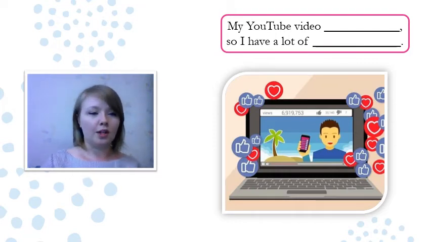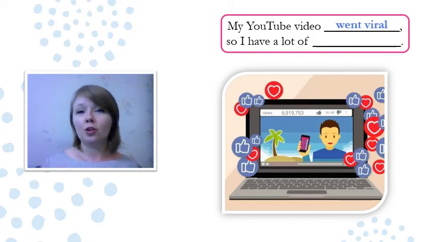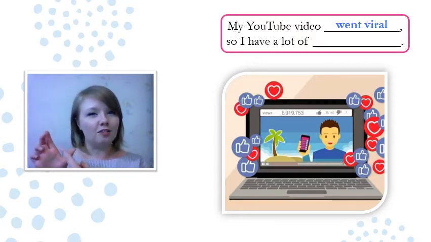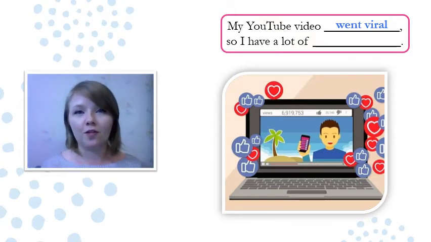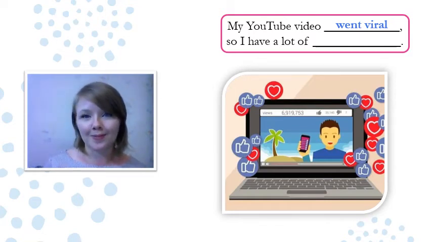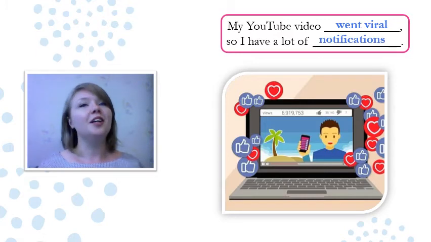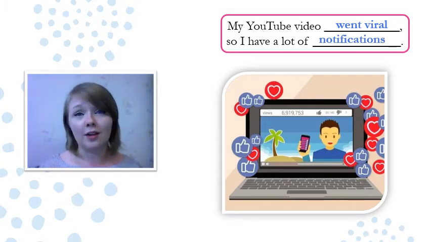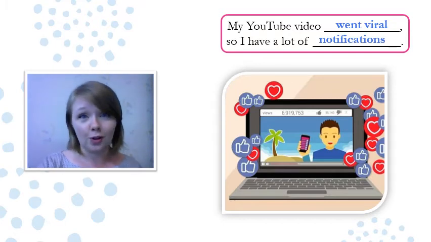But here we want to use the past tense. My YouTube video went viral. So I have a lot of. And what do we call those messages that pop up on our phone when we have some new activity on an app? There we would use notification. My YouTube video went viral, so I have a lot of notifications.